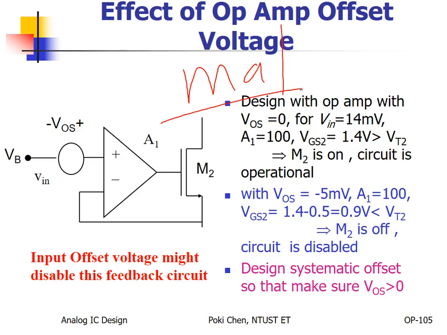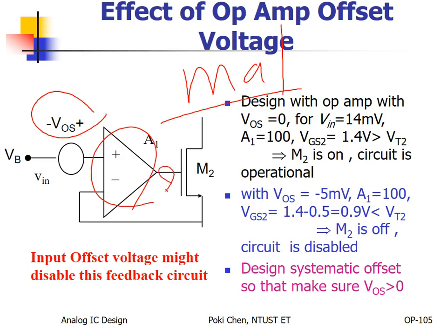Why? Because for such a high gain amplifier, again, it has some input offset voltage. If there's nothing wrong, as I told you again and again, VOS is 50% positive, 50% negative.